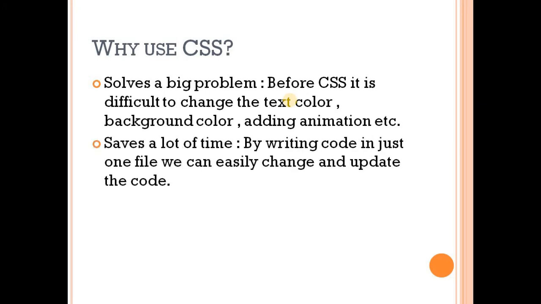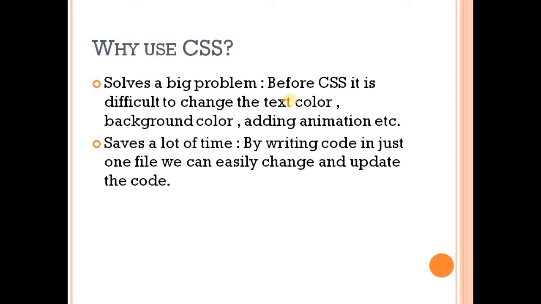The next thing is that it saves a lot of time. Let's say we have created a big HTML file, and inside that we have written the CSS code. Whenever we want to change a particular section's CSS, we have to find that particular section in the HTML, then find the particular CSS of that, and change it.